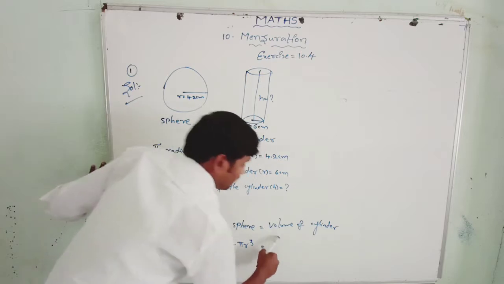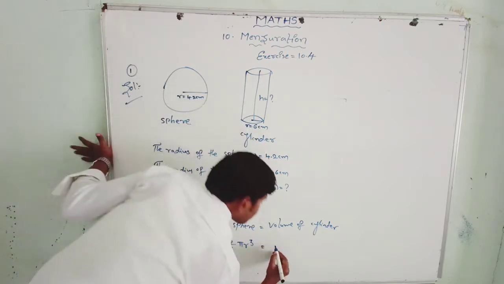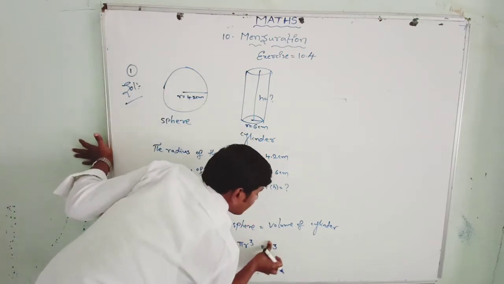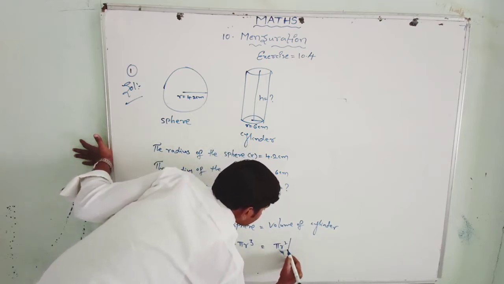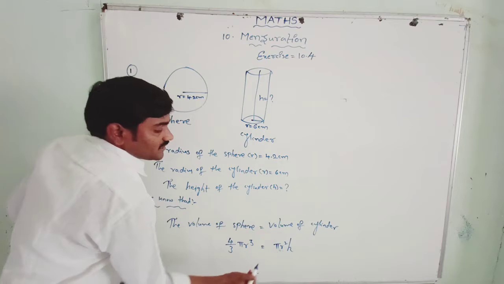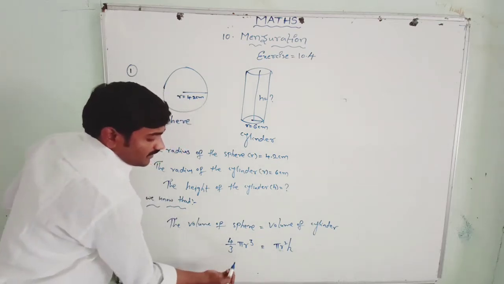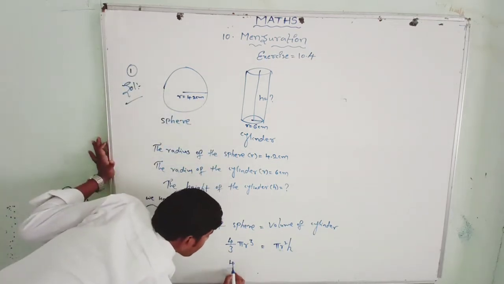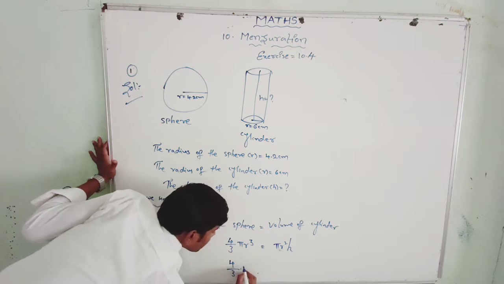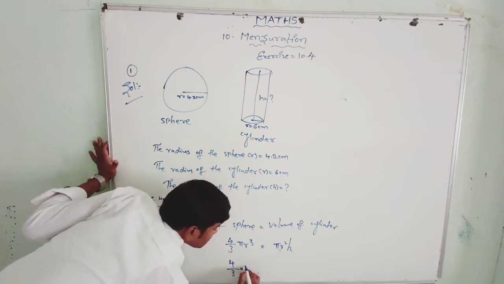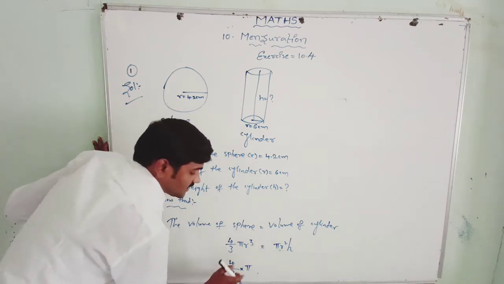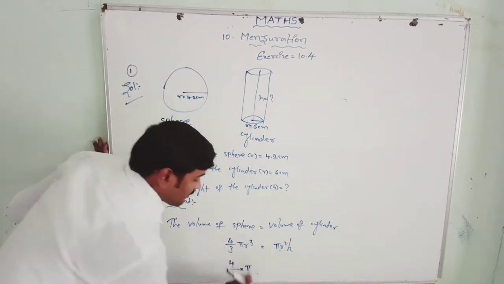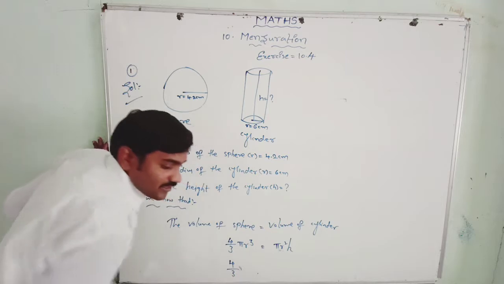That equals the volume of cylinder formula, pi r square h. Here 4/3, here pi value we write as it is, pi. Here this pi can be cancelled on both the sides.